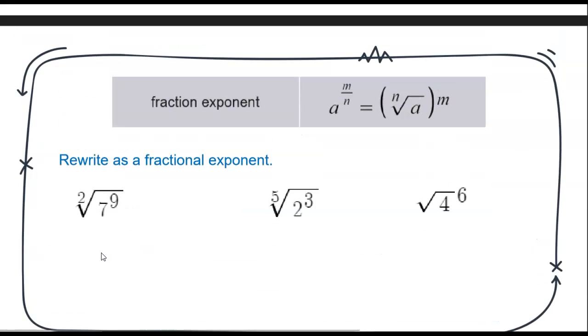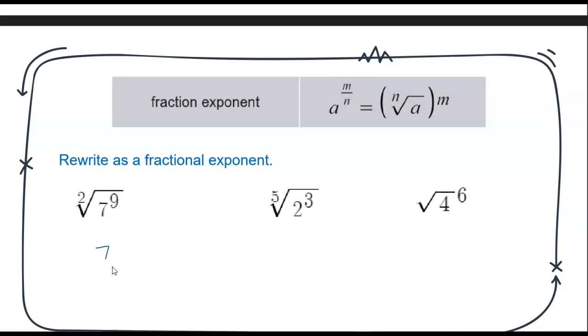So here are some examples. These say rewrite as a fractional exponent. Well, we're going to use the fraction exponent rule, which is a to the m over n equals the n-th root of a to the m. Remember, our root goes in the denominator, and our exponent stays in the numerator.